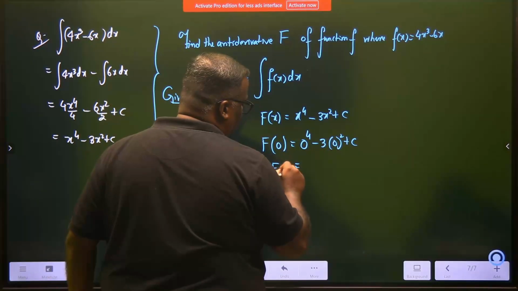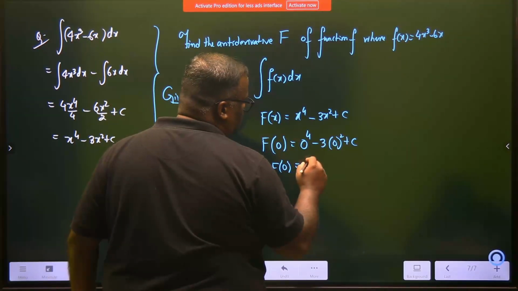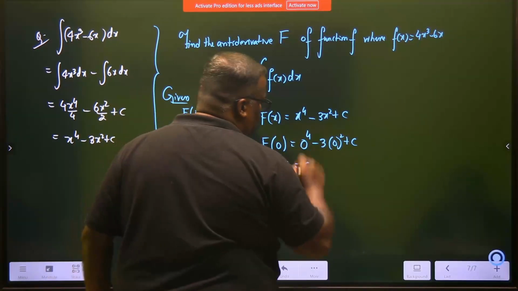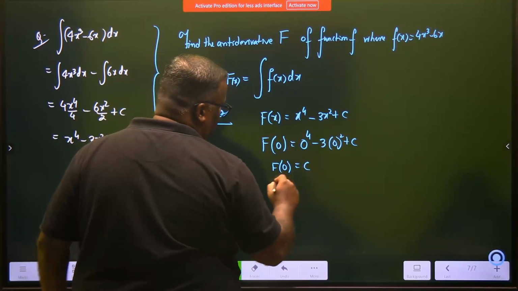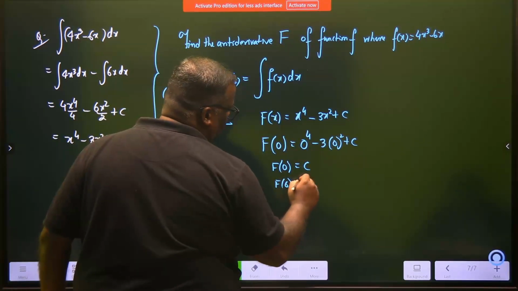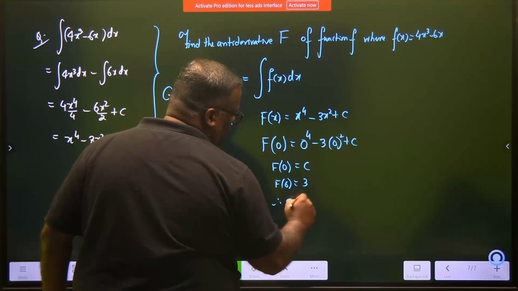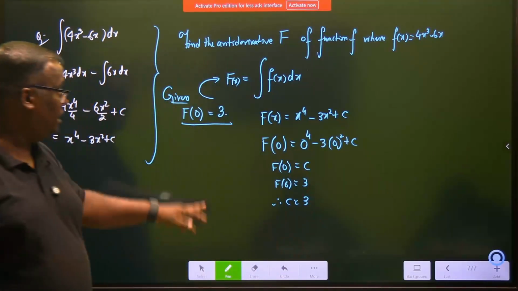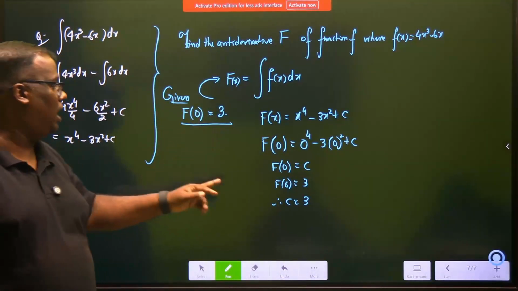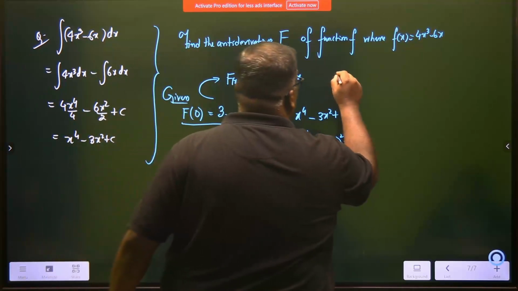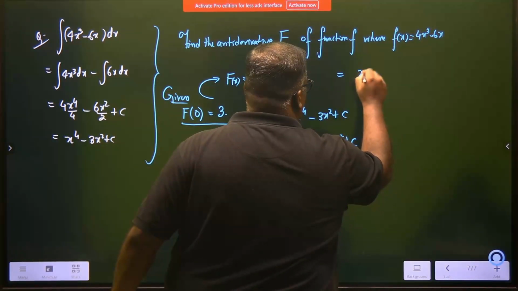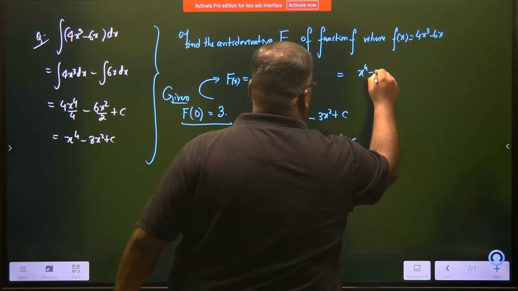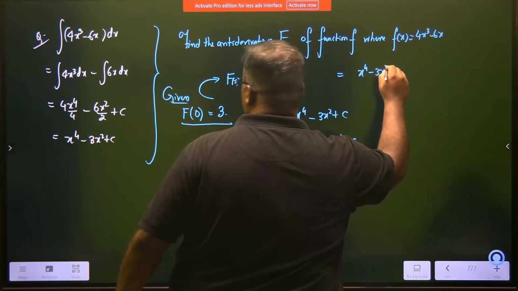So F(0) is coming as c. And given F(0)'s value is given as how much? 3. Therefore, c is equal to 3. Under this particular condition, this thing's answer will be x^4 minus 3x square plus 3.